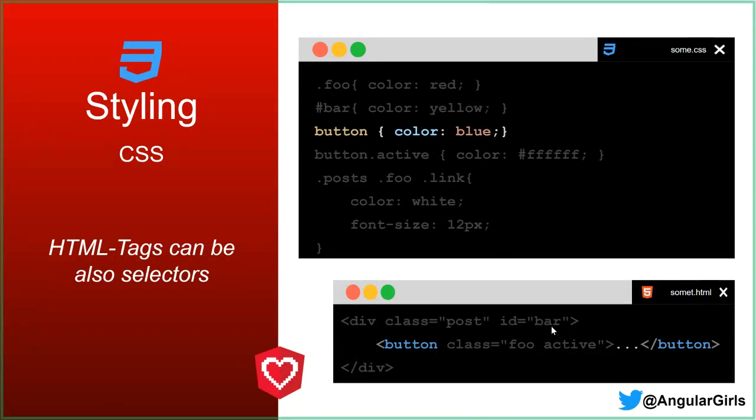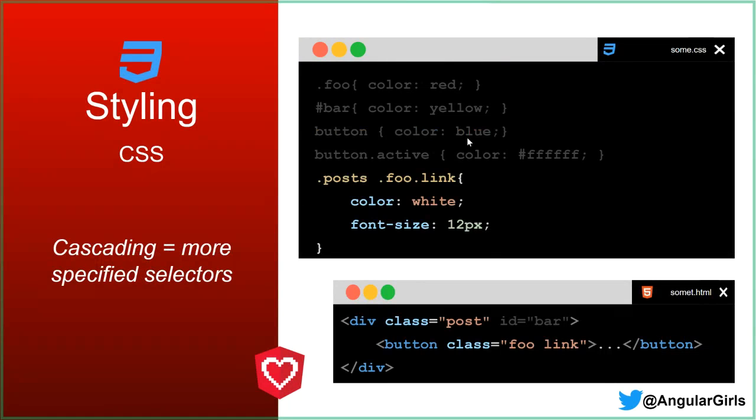Then you have HTML. You can also use HTML tags as selectors. So this will say every button tag. So the selector is every button, and then the button text should be colored blue. And then you have this cascading, which means it's more specific.